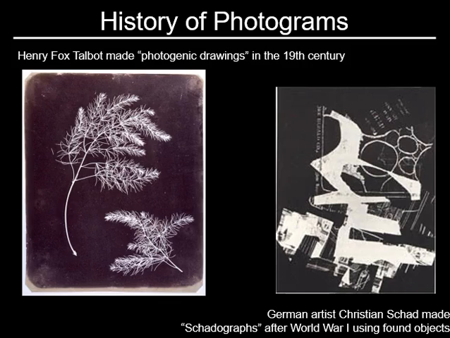So this was very early 19th century, just to give you an idea of when photograms came along. It was after the camera was invented, of course. However, this is just an example of a new type of creating imagery.